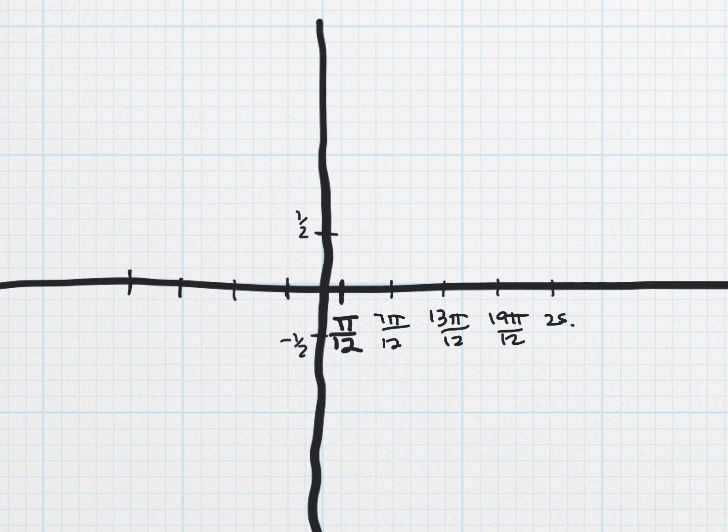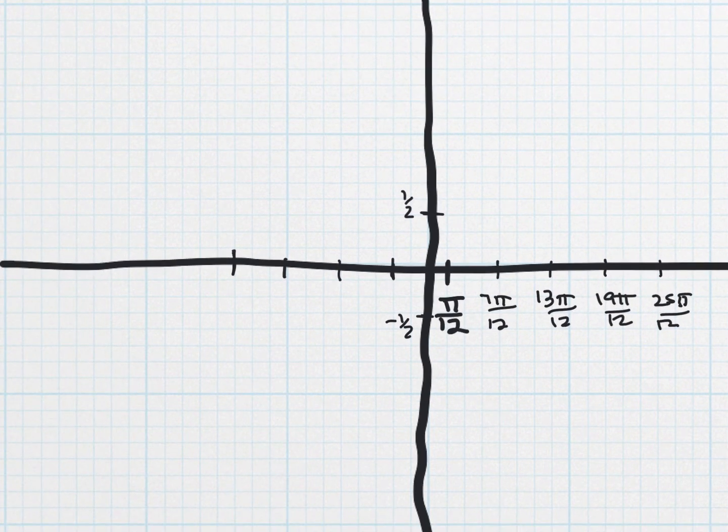And then the 25 pi over 12. To the left, when we subtracted, the first one here was negative 5 pi over 12, negative 11 pi over 12, negative 17 pi over 12, and negative 23 pi over 12.